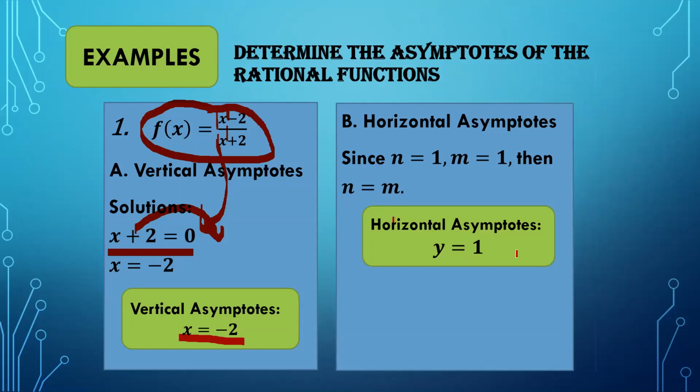The horizontal asymptote is y equals 1, since n and m are equal. Again, I get 1 because the leading coefficient of the numerator is 1, and the leading coefficient of the denominator is 1.